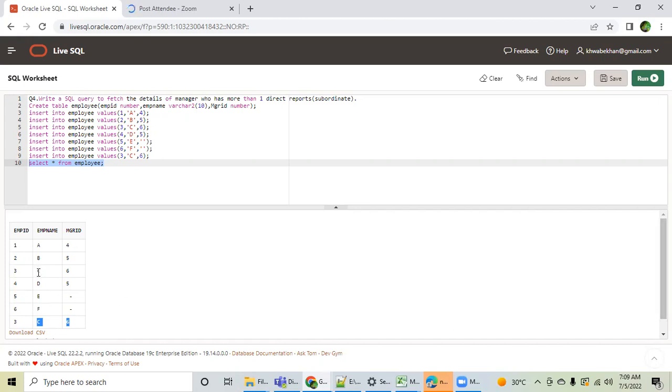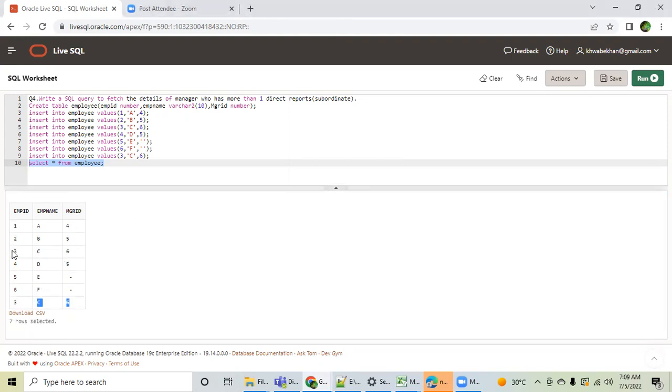So this employee C is reporting to manager ID 6 and this record is a duplicate. So we cannot tell that manager ID 6 is also the answer. So the only answer is manager ID 5 because to manager ID 5, 2 employees B and D are reporting. Is this clear? Any question?